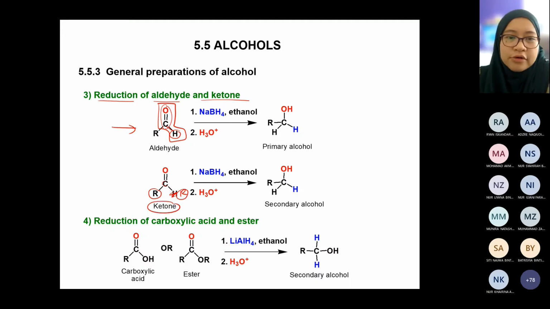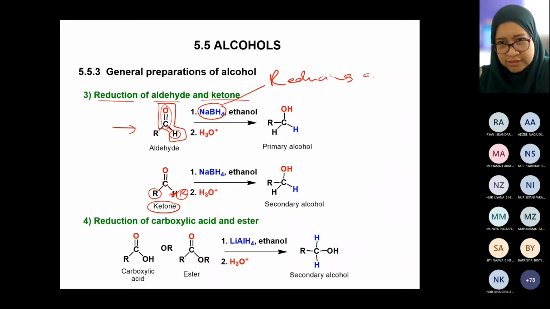So we can reduce this aldehyde. The reagent is a bit long. Reduce means you supply hydrogen, so this is what we call a reducing agent. Why is it a reducing agent? Because it has 4 hydrogens there. Remember CHM096 last time?